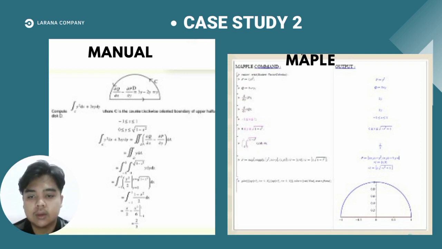So for the range, y goes from 0 to square root of 1 minus x squared, y dy dx, and for the outer one x goes from negative 1 to 1. After we settle the integration, we get the answer is 2 over 3.